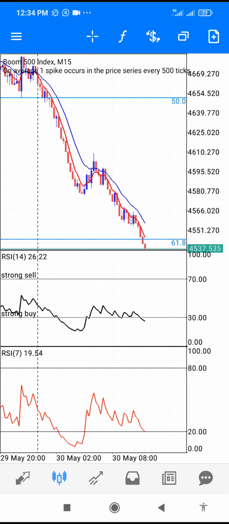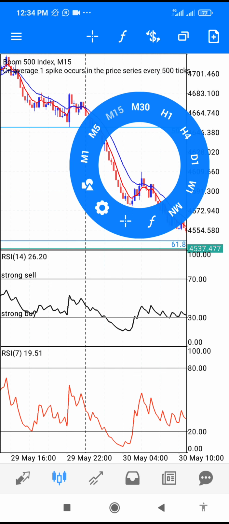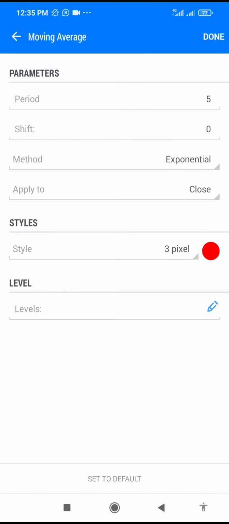But look at this very well. This is what I do also. I use MA 5, MA as in moving average, exponential moving average. Look at it here. Period 5, exponential, close, pixel 3.